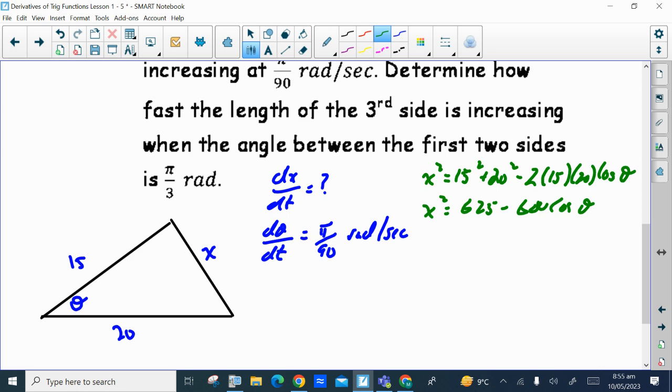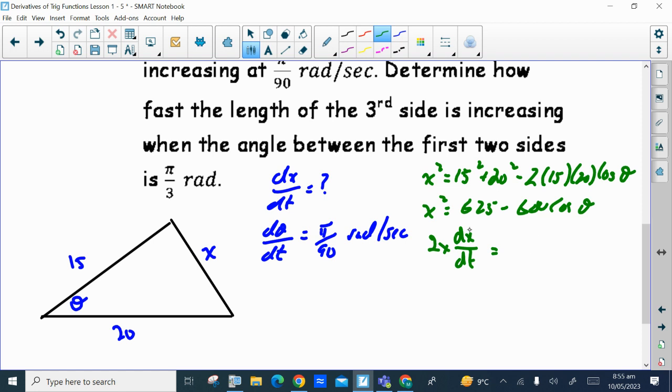Now remember, we want to get a formula that has dx by dt in it, as well as d theta by dt in it. And we can get that if we take this simplified equation that we're at right now, and we differentiate both sides with respect to time. So that means that you're using the chain rule. When you differentiate x squared with respect to time, it'll be 2x dx by dt equals, the derivative of 625, a constant, is 0.